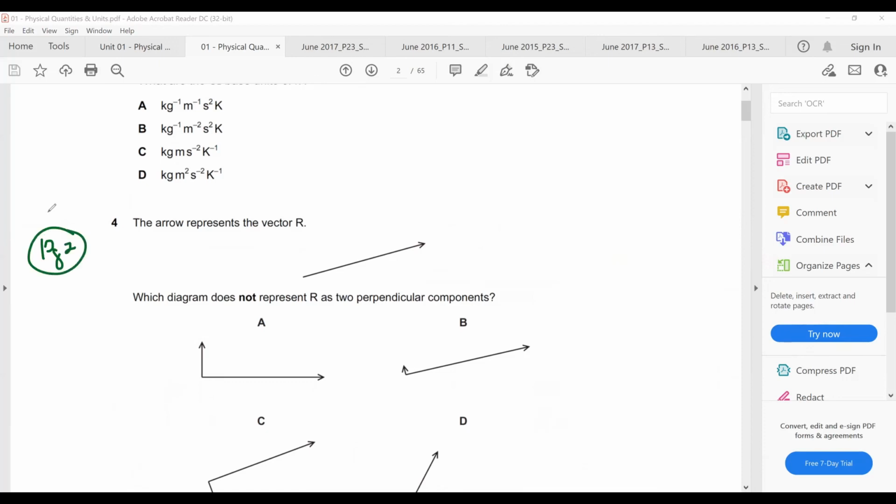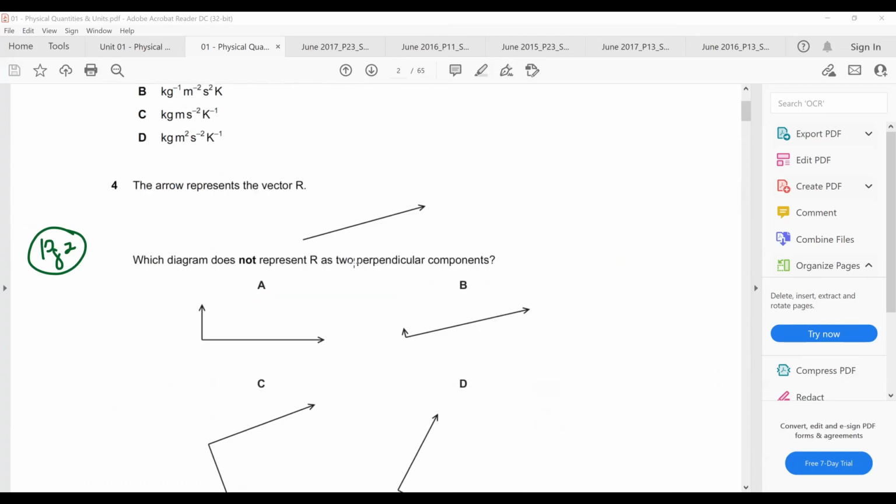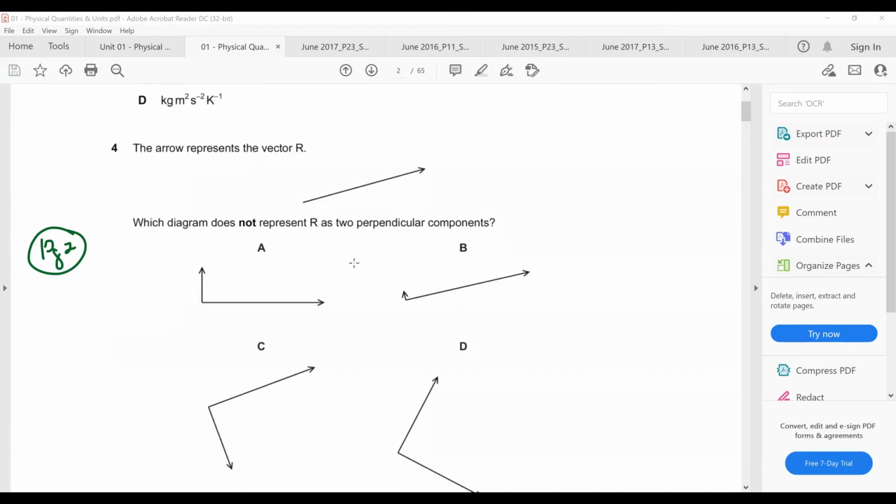Okay. Now the arrow represents vector R. Which of the following diagrams cannot represent R as two perpendicular vectors? Okay, the keyword is does not represent R as two perpendicular vectors.